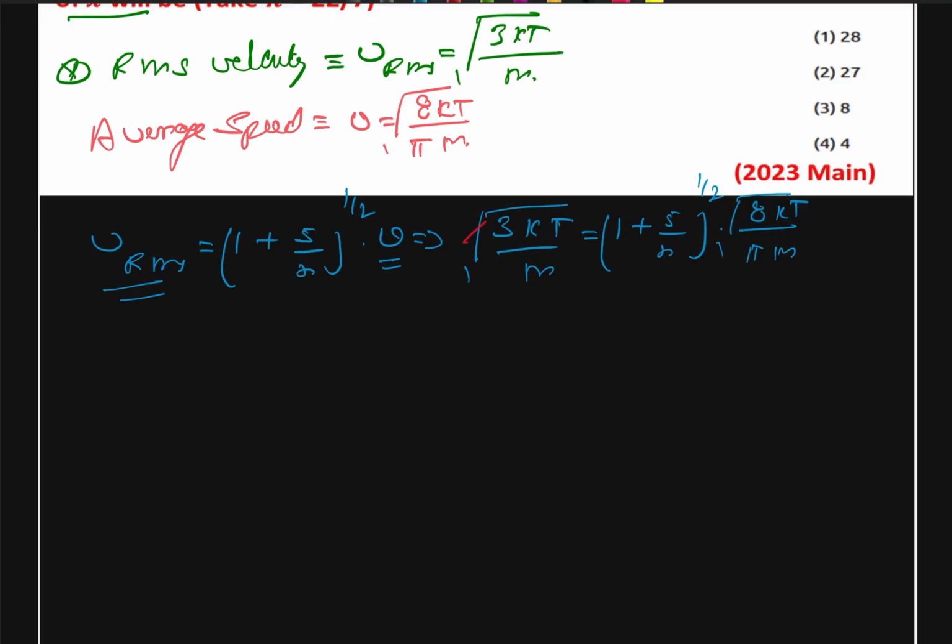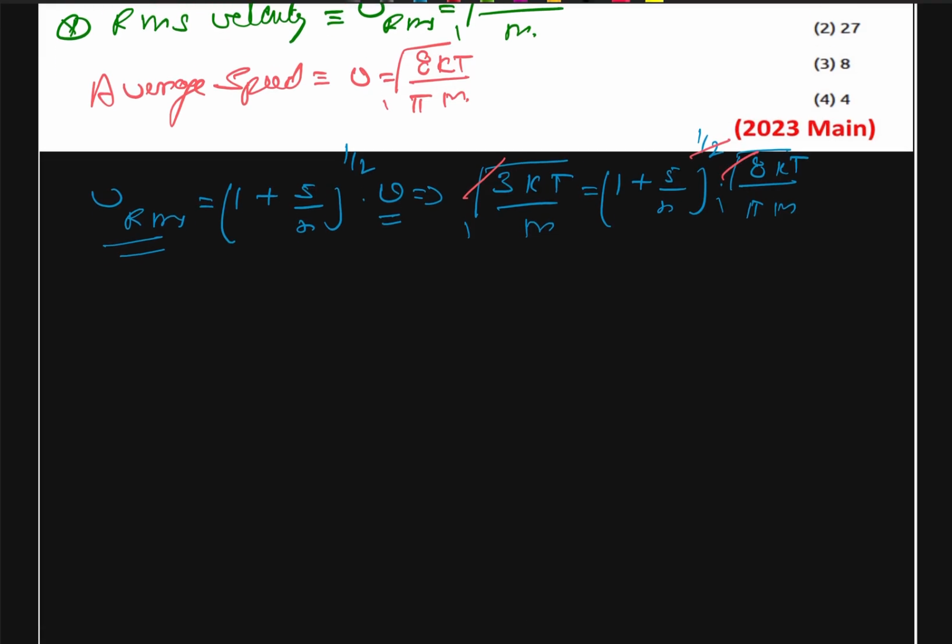So we can cancel this square root throughout, and this gives us 3kT upon m is equal to (1 + 5/x) times 8kT upon pi m. So once again kT and m cancel out. So we get 3 pi divided by 8.